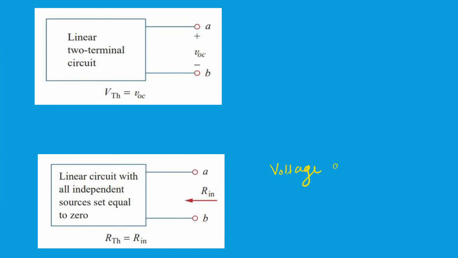Tell me, should a voltage source be short circuited or open circuited? Always remember, voltage sources have to be short circuited, and current sources have to be replaced by an open circuit. You have to remember this while solving any given problem.